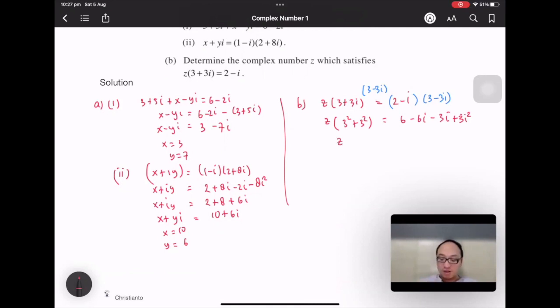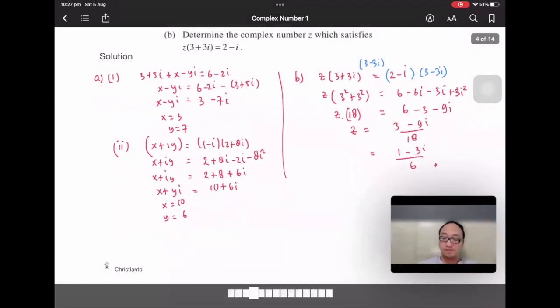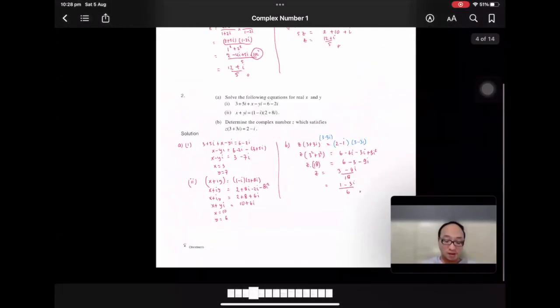So z times 18 equals 6 minus 3 minus 9i. So z equals (3 minus 9i) over 18, or so it will be (1 minus 3i) over 6. That's it.